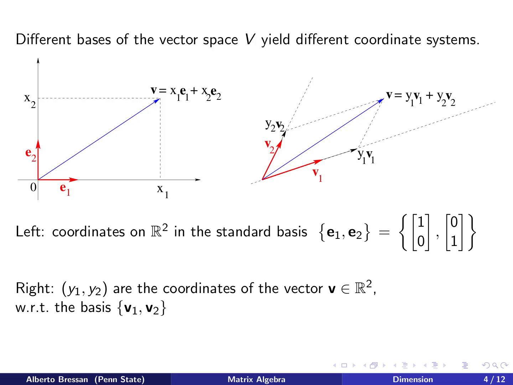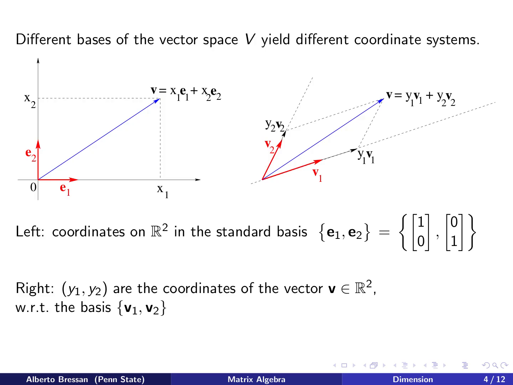Let's take a look graphically of the vector space in R2. There are different ways of finding the basis. So let's look at the one on the left, this graph here. Here we are using the unit vectors E1 and E2 as the basis. Then this is just the regular two-dimensional coordinate system that we are used to.